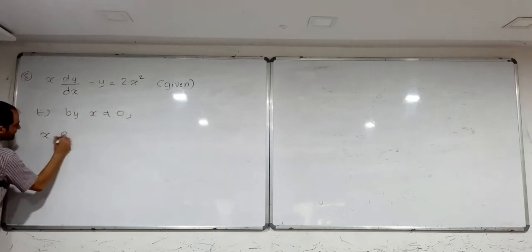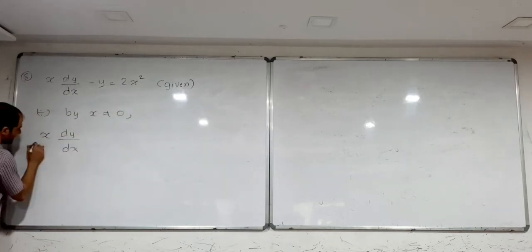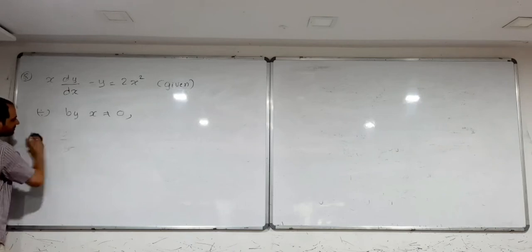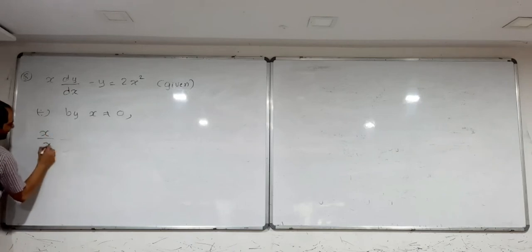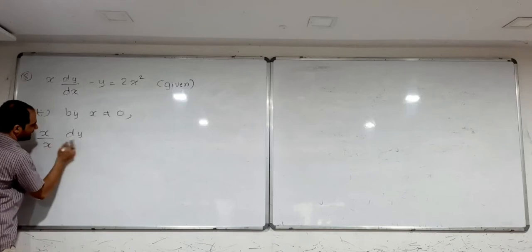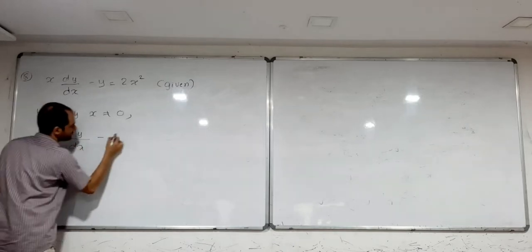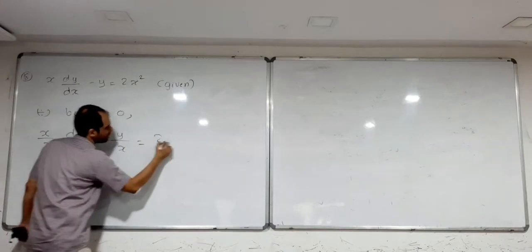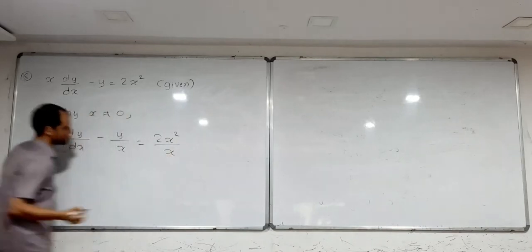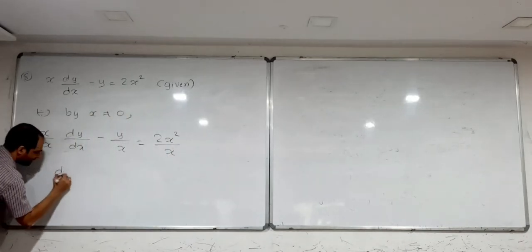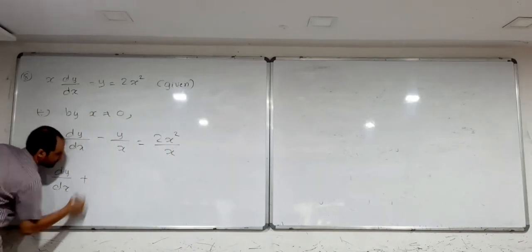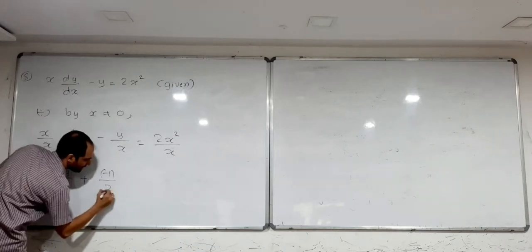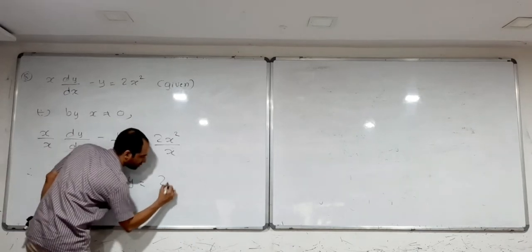So x upon x into dy by dx minus y upon x is equal to 2x square upon x. So this becomes dy by dx plus minus 1 upon x into y is equal to 2x.